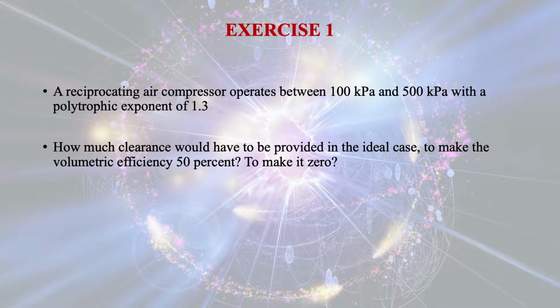A reciprocating air compressor operates between 100 kilopascal and 500 kilopascal with a polytropic exponent of 1.3. How much clearance would have to be provided in the ideal case to make the volumetric efficiency 50% or to make it 0? My dear students, please see what data are given for this particular problem.